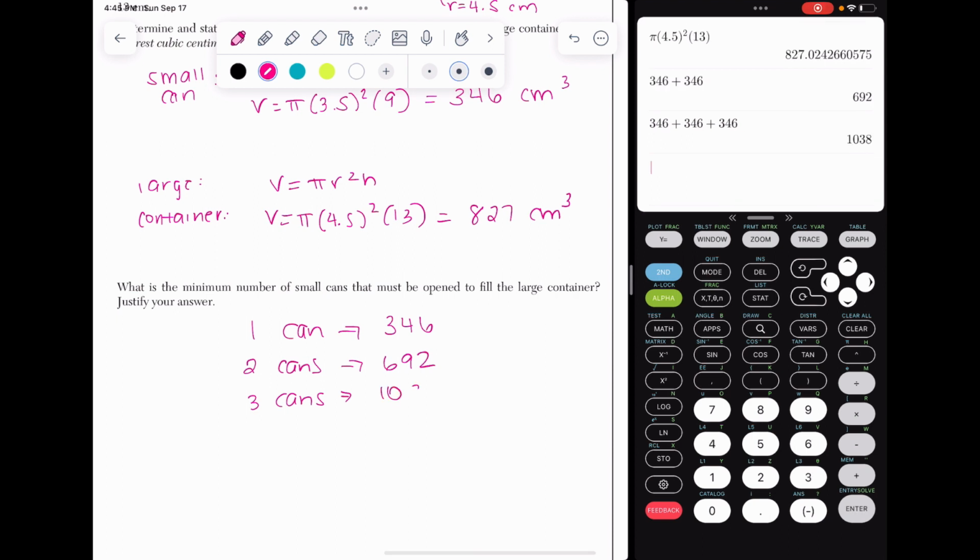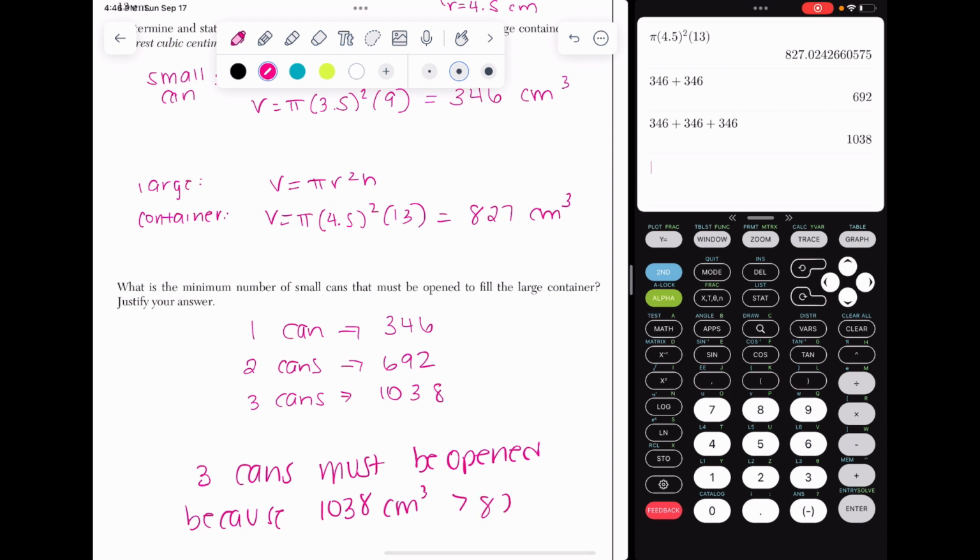That one's going to be 1,038. That is enough to fill the container. So 3 cans must be opened. And if we explain that, we can just say because 1,038 cubic centimeters is greater than 827 cubic centimeters.